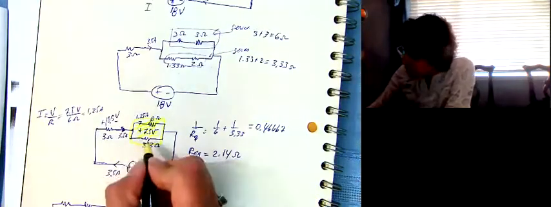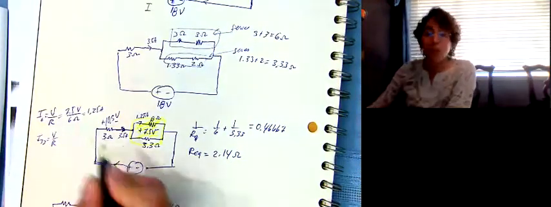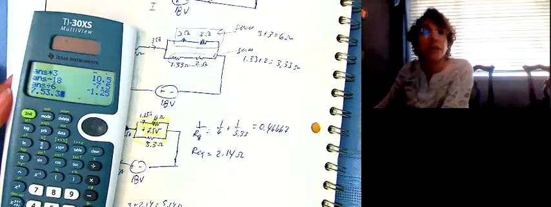But let's say you didn't realize that and you just want to do the same way again. I'm going to say this is the current through the 6 ohm. The current through the 3.3 is going to be 7.5 volts divided by the resistance 3.3. Let's see what that is. 7.5 divided by 3.3.